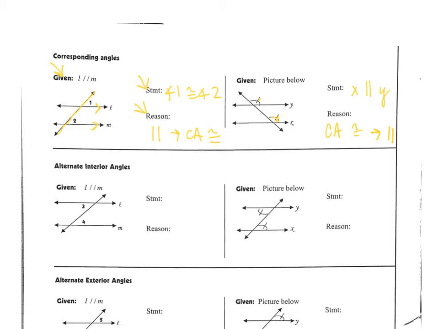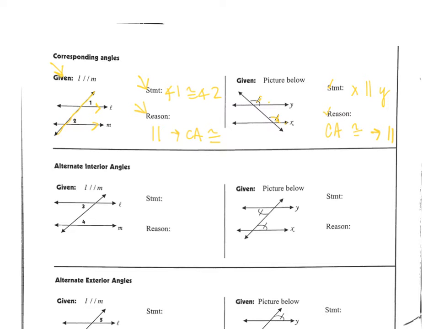And so once again, we're linking together that the given information was that these 2 angles were congruent, and so our statement is that the lines are parallel. The reason is that corresponding angles imply that the lines are parallel. And so we want to be looking at notation also and practicing that notation.